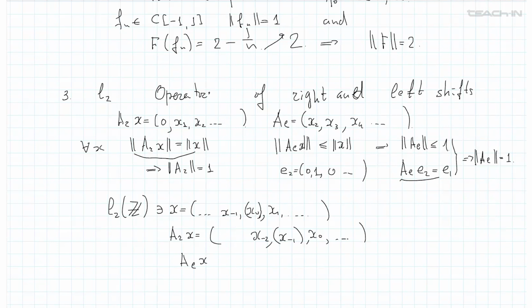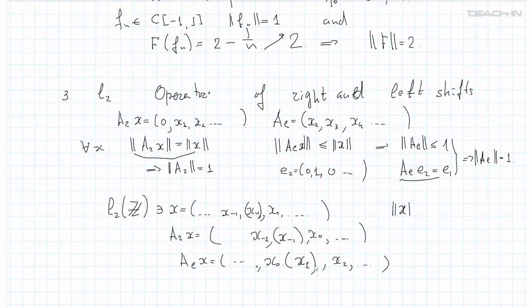And this is the shift to the left. On the center place moves the coordinate x1. From the right comes x2, and x0 goes to the left. And with the other coordinates the same. The norm in this space, it's a Hilbert space.